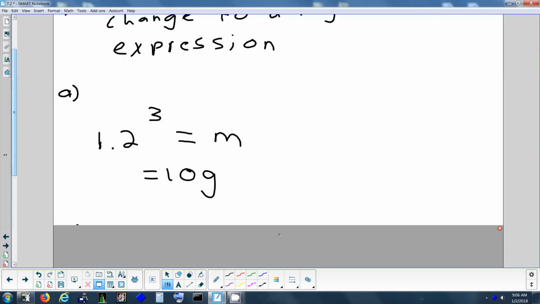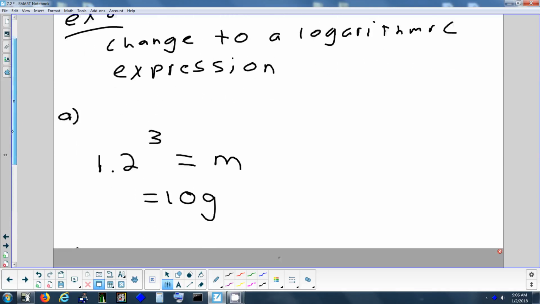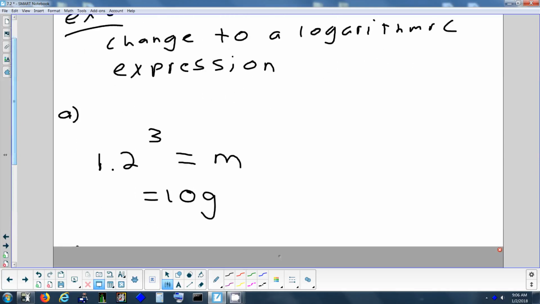And now we'll fill in everything around it. Now, what's my base on example 2a? 1.2. So whatever the base was originally, that's going to be the base on the log. So what that means is if you were typing this in, you're using the log function on your calculator, but more specifically, you're doing the log function with a base of 1.2. Eventually, we have to learn how to type that in.